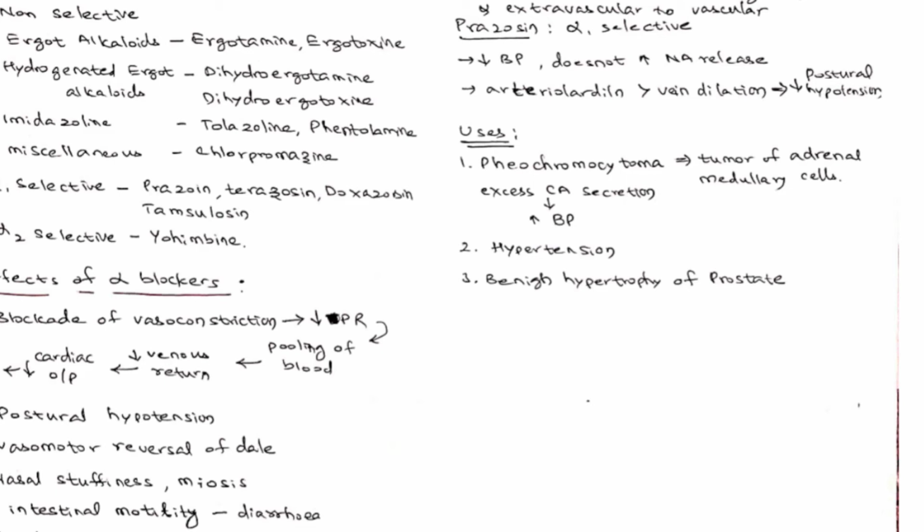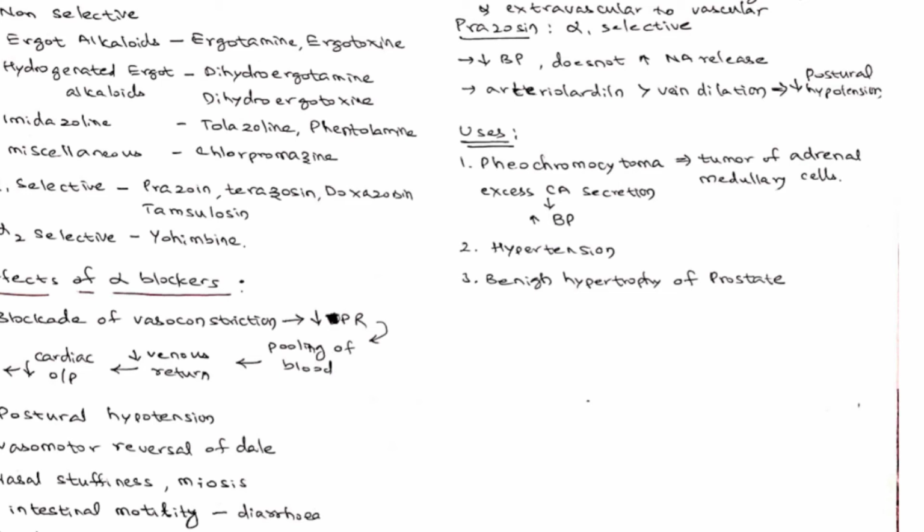It can be used for treating hypertension, but as it is not beta selective, and beta receptors are more important for heart activities, it is used with less preference than beta blockers. It can be used to treat benign hypertrophy of the prostate.